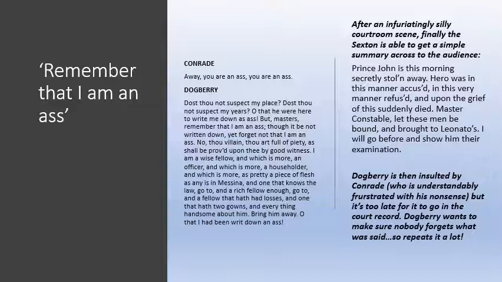No, thou villain, thou art full of piety, as shall be proved upon thee by good witness. I am a wise fellow, and which is more, an officer, and which is more, a householder, and which is more, as pretty a piece of flesh as any in Messina, and one that knows the law. Go to, and a rich fellow enough, go to, and a fellow that hath had losses, and one that hath had two gowns, and everything handsome about him. Bring him away. Oh, that I had been writ down an ass.